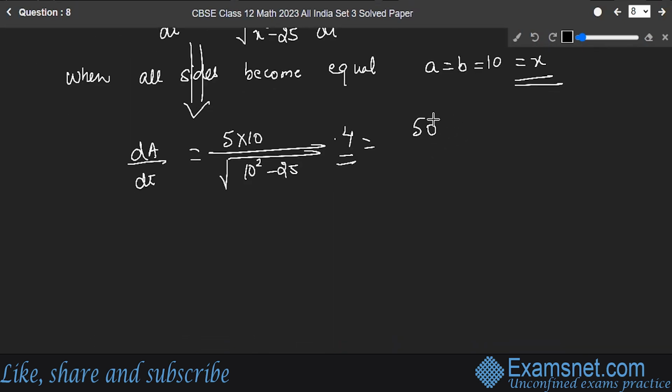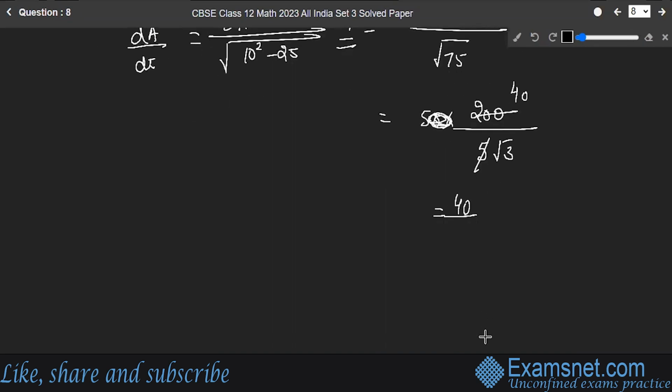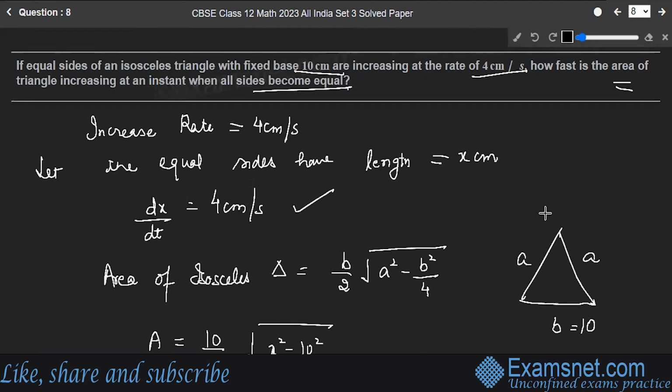So this becomes 5 into 4 into 10 upon the root of 75, that is equal to 200 upon 5 root 3. So this is equal to 40 upon root 3. Correct? 40 upon root 3.